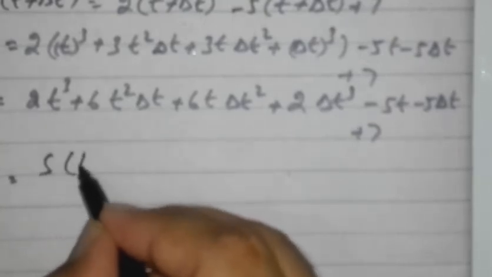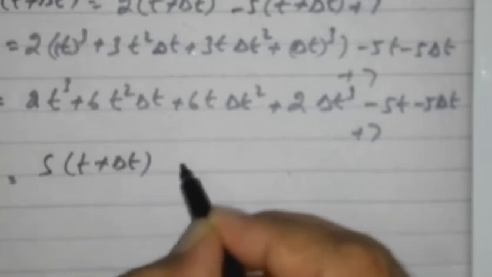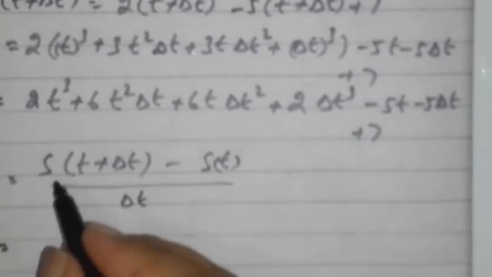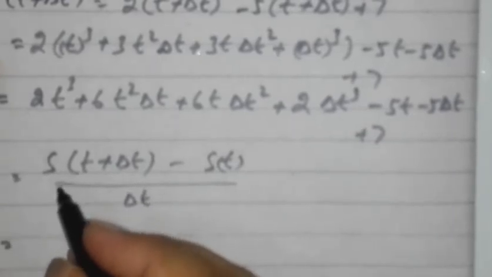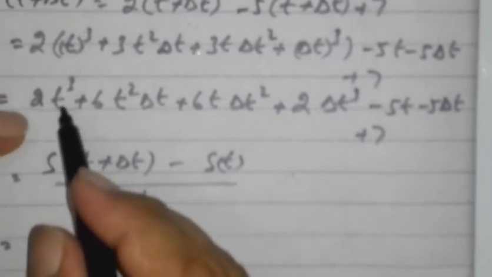Now we are going to find the average rate of change, that is del S by del t, which is S of t plus del t minus S of t divided by del t. Put the value here. S of t plus del t value is this one.